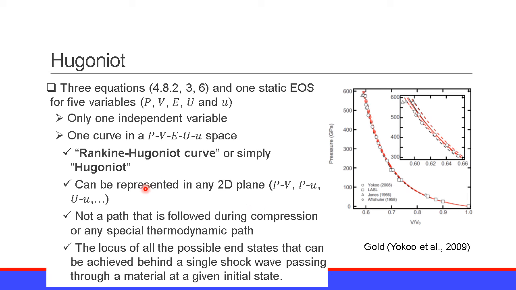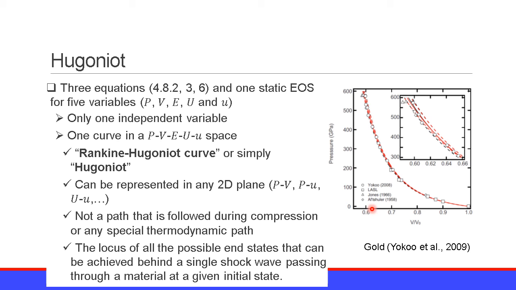It can be represented in any two-dimensional plane: P-V, P against particle velocity u, or shock velocity U against particle velocity u. This is one example, pressure against volume. The open symbols represent the shock experiment data, and this red curve is the Hugoniot.